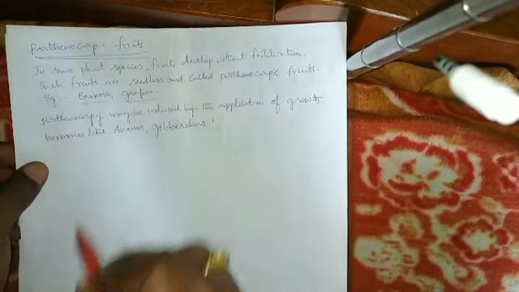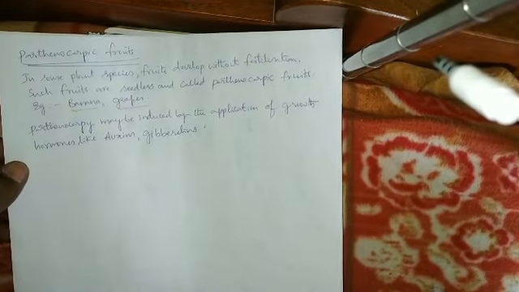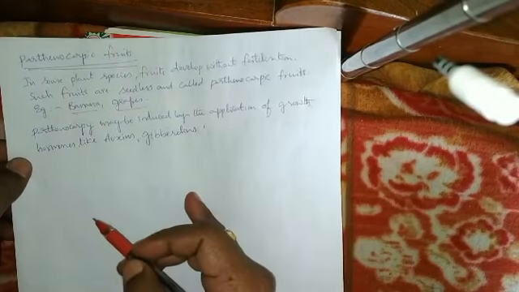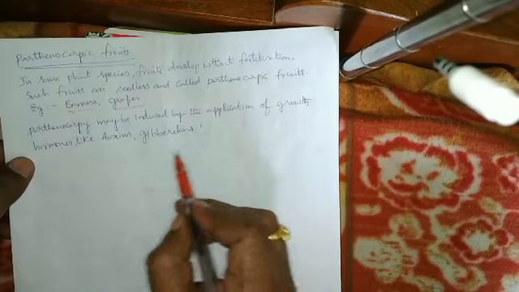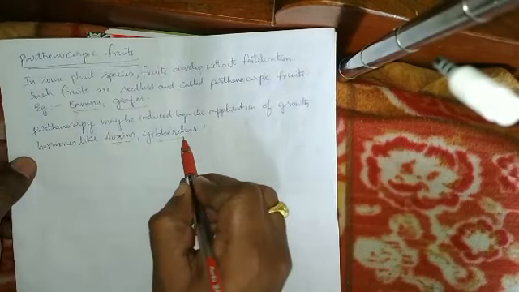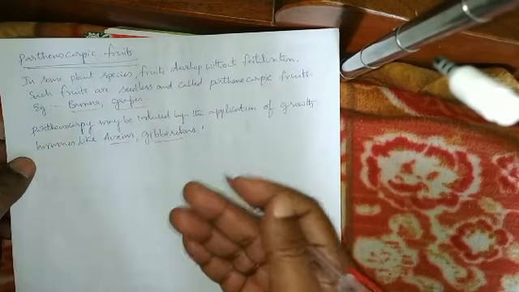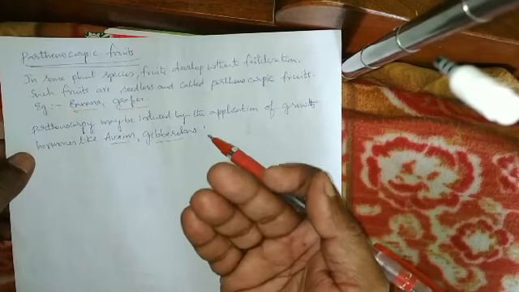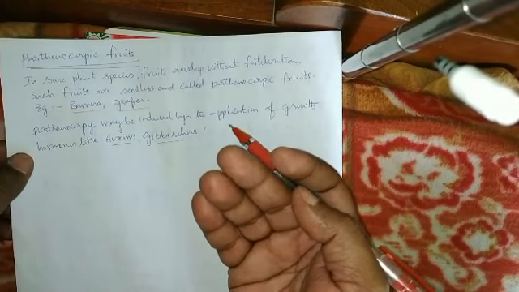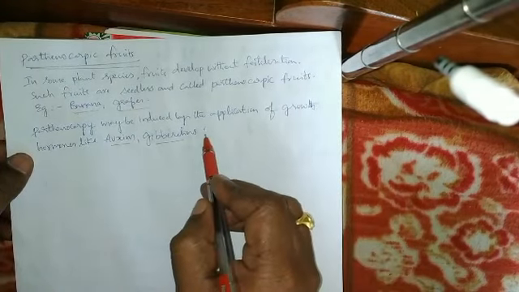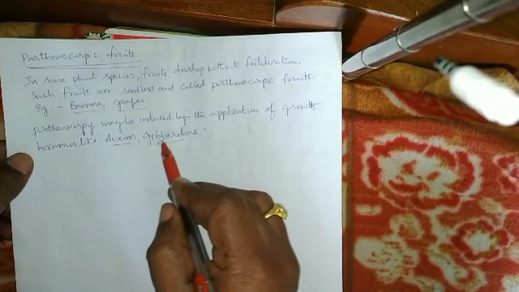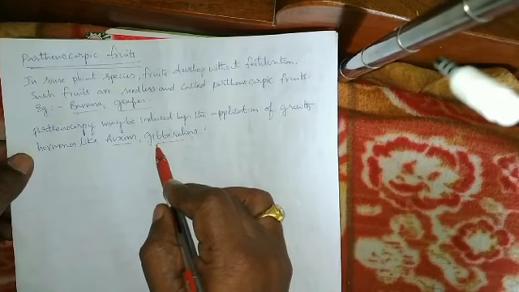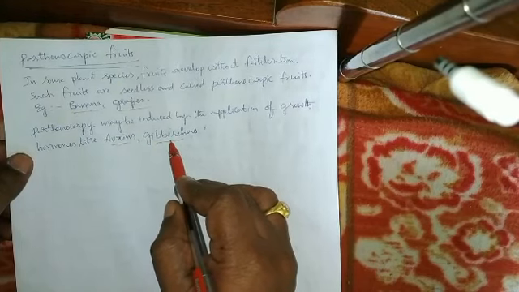So what is the reason for that? In banana, some hormones like auxin and gibberellins are synthesized before the fertilization of the banana flower. Those auxin and gibberellin prevent the fertilization process, and then it develops as a parthenocarpic fruit.